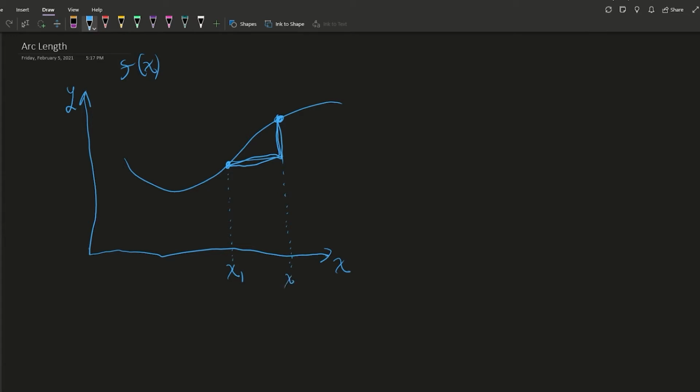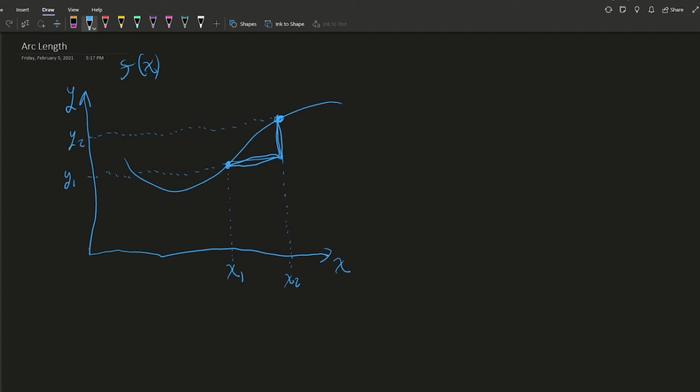It's any point that we can choose. Let's call it x2. Now, to find the other coordinate for both points, we put them through f of x, right? So this point goes somewhere here, and let's call that y1. And this point goes somewhere here, where it is y2.